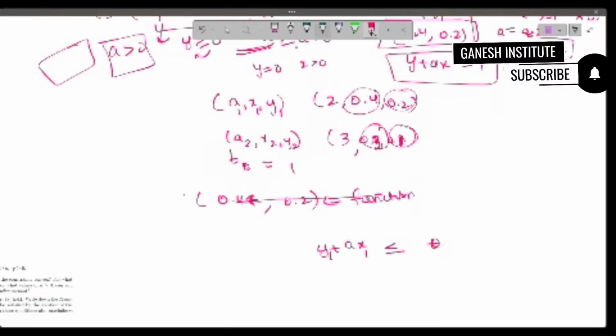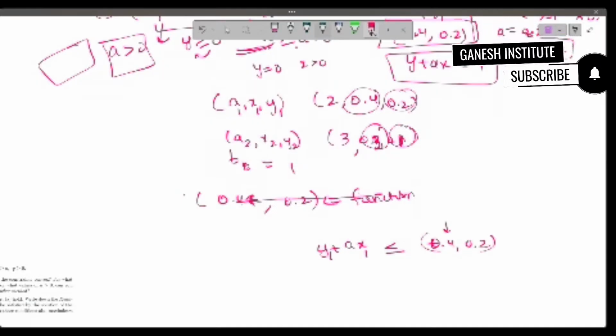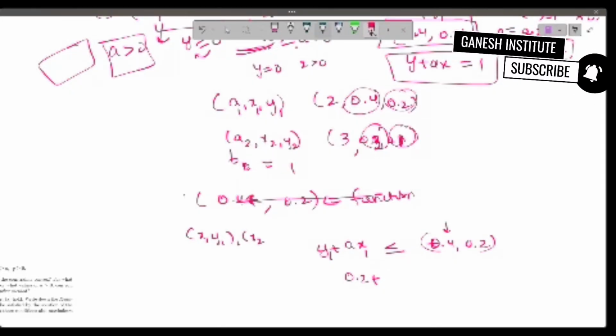The function value is 0.4, 0.2. Ma'am, it is less than or equal to. Right. So can you say that this is the condition for convex? Yes, convex.